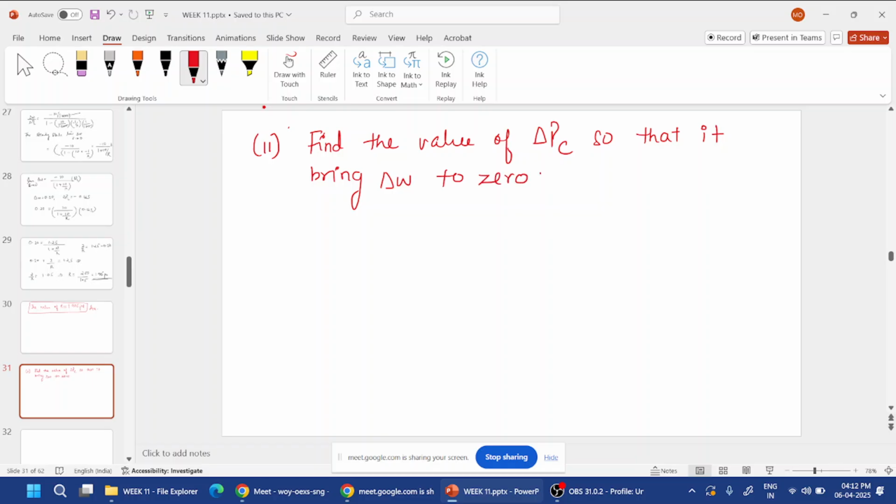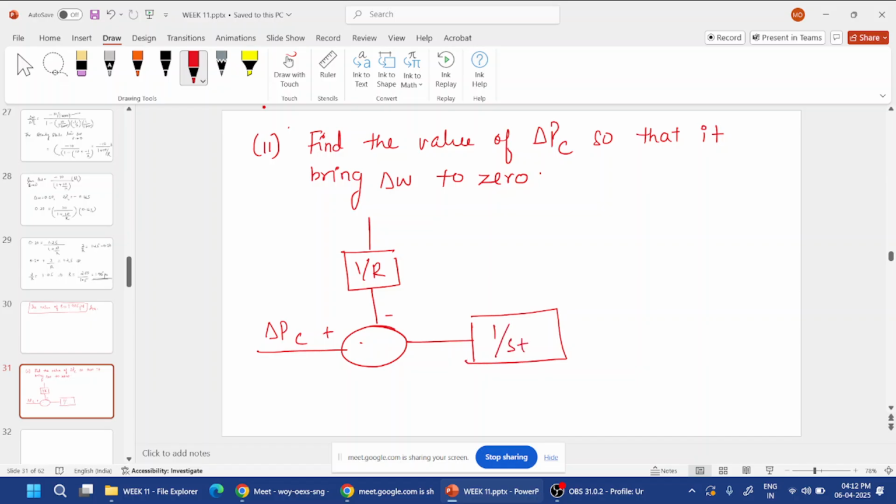Here the block diagram gets modified. Now the block diagram is like this, 1 by R, del PC plus, and now we cannot put del PC as 0.